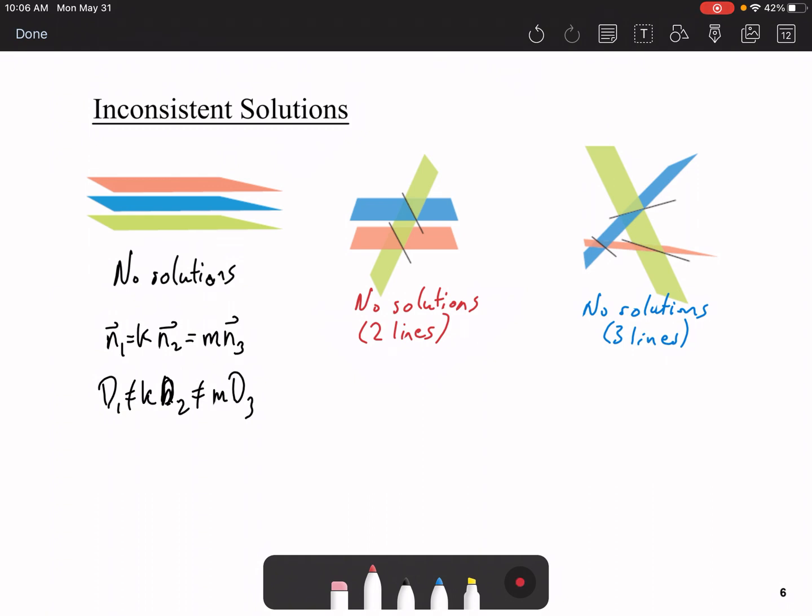In our second case, only 2 of them turn out to be the same, but the third one not. And in our last case, the normals actually turn out to be coplanar. But they do not turn out to be collinear.